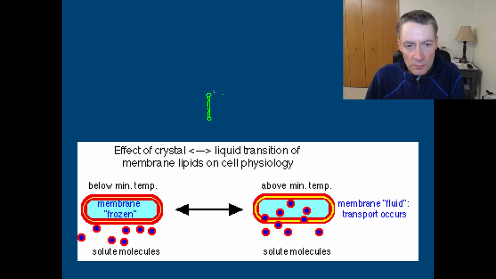Now, if we were to look at a cell that had just saturated fatty acids, every carbon had the most number of hydrogens bound in those fatty acids, it would be saturated with hydrogens.